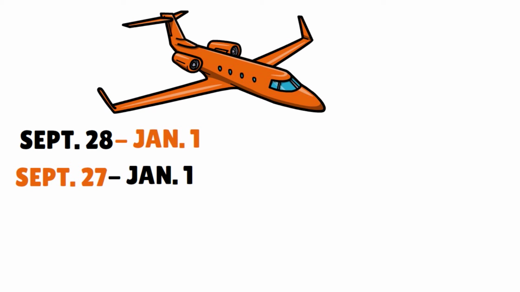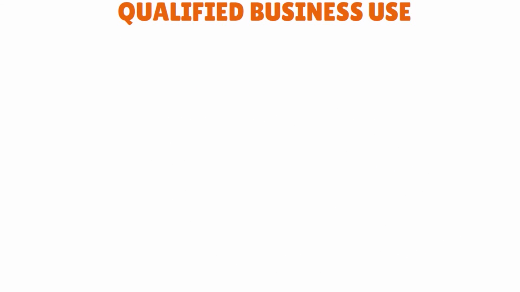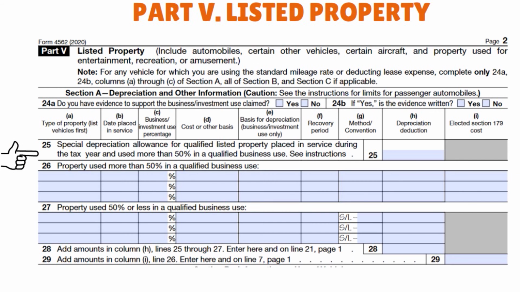And another thing that I need to talk about here is that there's something called qualified business use. And this is an important element to explain here. To determine whether to use line 26 or line 27 to report your listed property, you must first determine the percentage of qualified business use for each property.